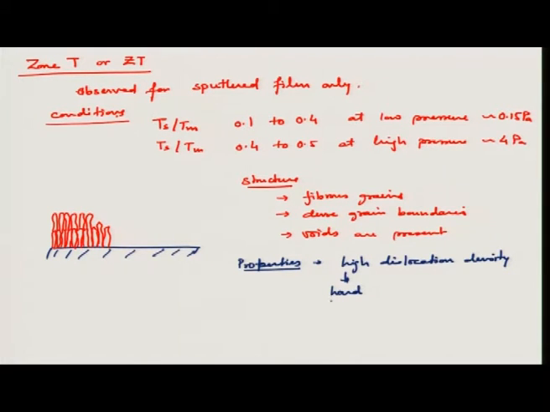It has high strength and low ductility. So, these are the properties of the thin film which you observe in the zone T kind of microstructure, which is long and fibrous grains.